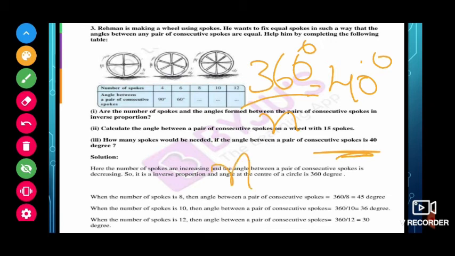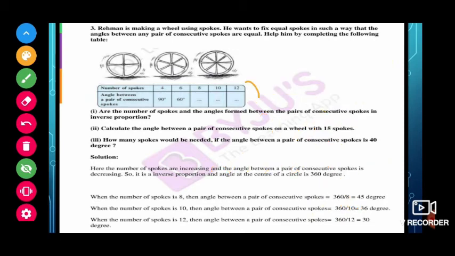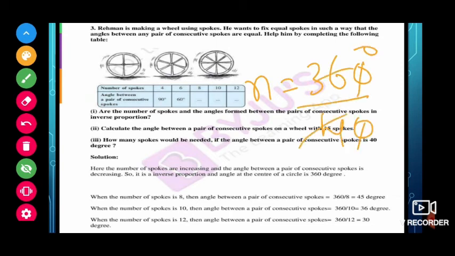So n is equal to 360 by 40. Here the n goes over and 40 comes below. Now n is equal to 360 by 40. Cancel the zeros. 4 times what is 36? 9 times. So n is equal to 9 spokes.